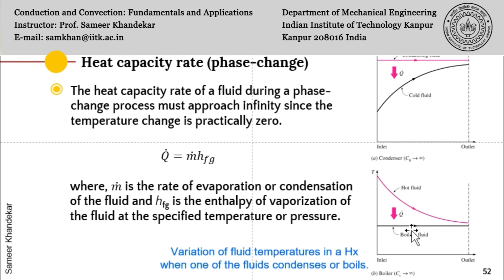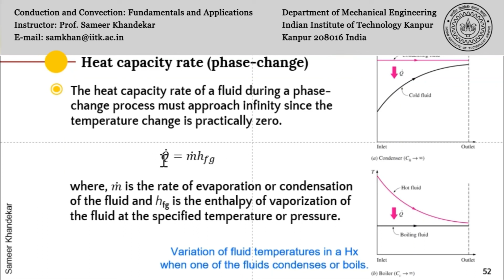Similarly, in a boiling liquid, the hot fluid is undergoing sensible heat transfer. It can be air, for example, and water can boil because hot air is passing over it. Water will start boiling at a constant temperature, and therefore the heat capacity rate of the boiling water will theoretically tend to infinity, because the delta T is zero.